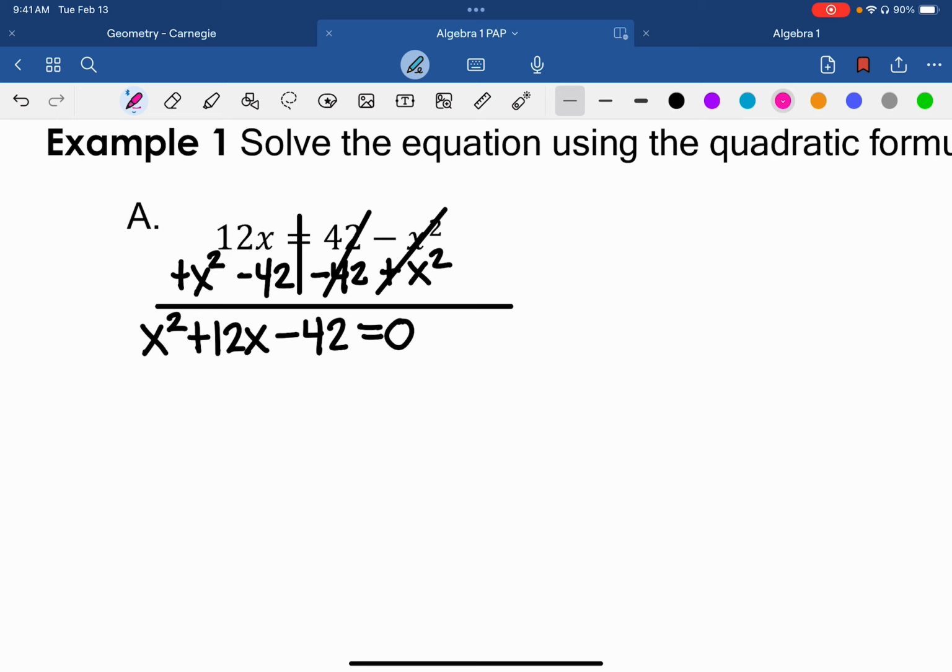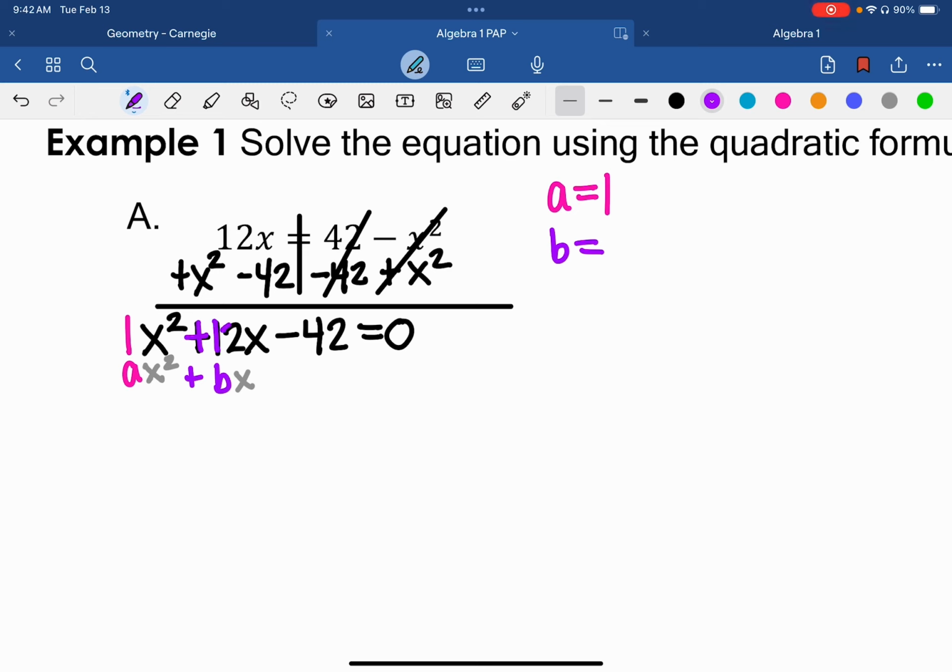Now I can go ahead and identify my A term. Remember, my A term is right here with my x squared term. Since it is not there, it is the invisible 1. My B term is going to be right here with the x, and remember to take the sign with it.